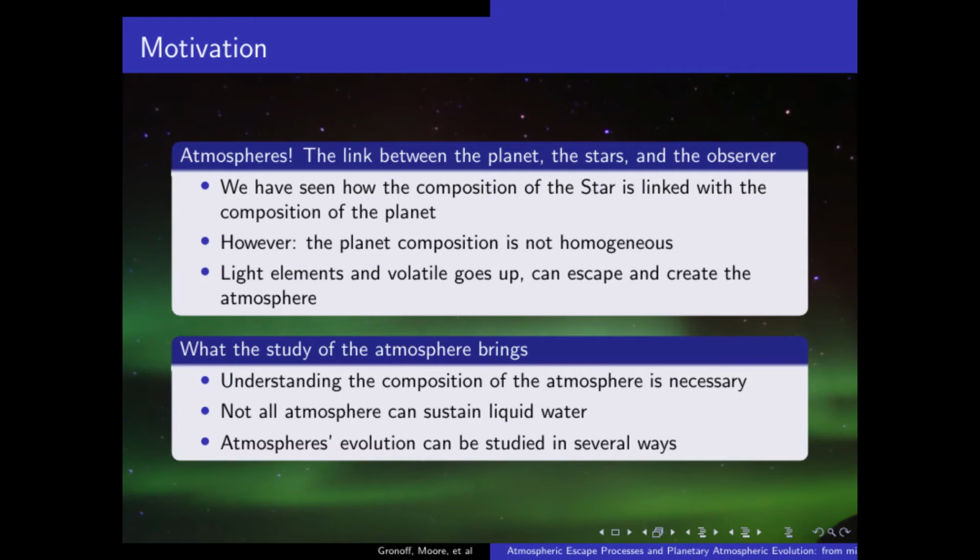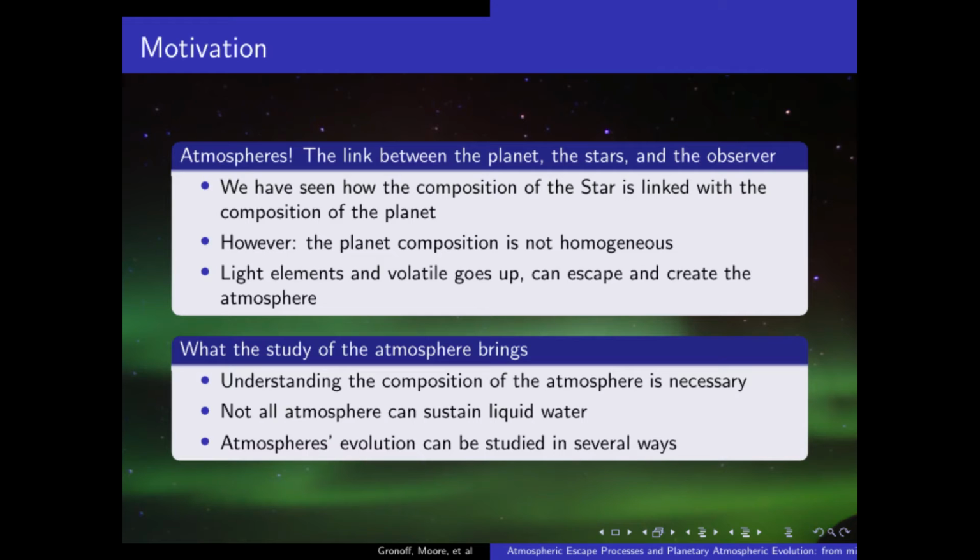First, we have to consider what atmospheres are. Atmosphere has a link between the planet, the stars, and the observer. We have seen that the composition of the star is linked with the composition of the planet. However, that planet composition is not homogeneous, because the light elements have a tendency to go up, and they can escape from the solid part of the planet and create the atmosphere.